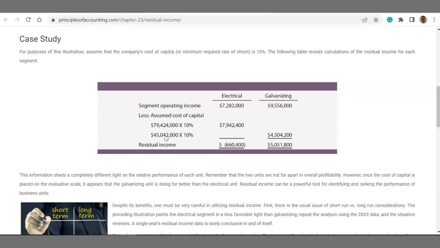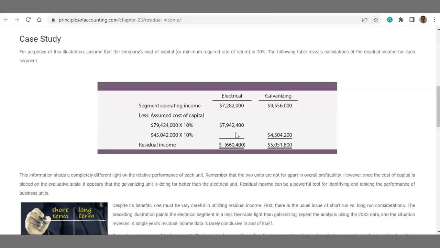And 45 million operating assets for the galvanizing division times the 10% minimum required rate of return gives you 4.5 million. So it looks like in electrical, we don't have residual income. We are technically in deficit in regards to residual income.